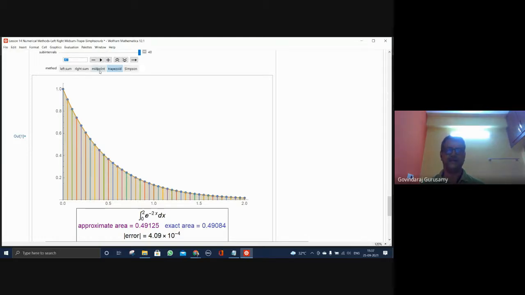So now there is a sort of competition between these two. Okay, and come to this right sum. And see, now this is about 5 orders of difference when compared to the Simpson, for the right sum with the same number of data points.